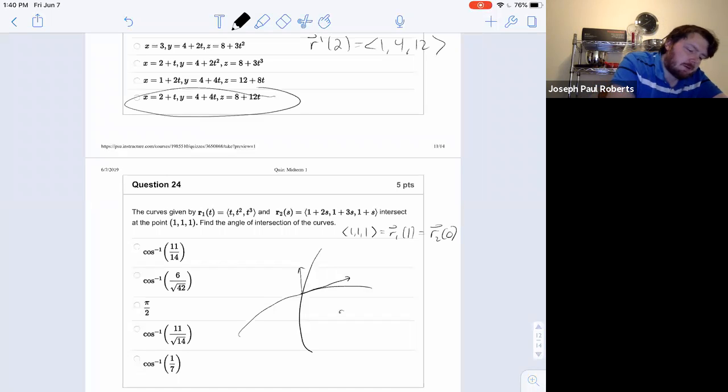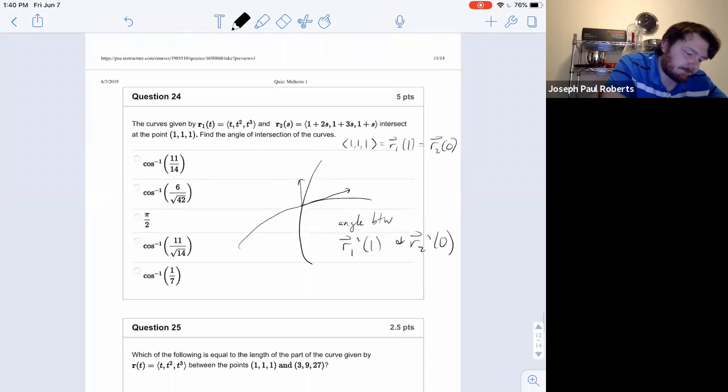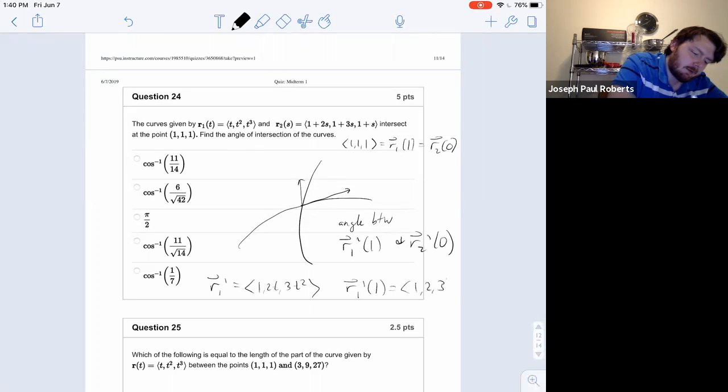So essentially, we're finding the angle between R1 prime of 1 and R2 prime of 0. So R1 prime is what? 1, 2t, 3t squared. R1 prime of 1 is 1, 2, 3. R2 prime is what? 2, 3, 1.